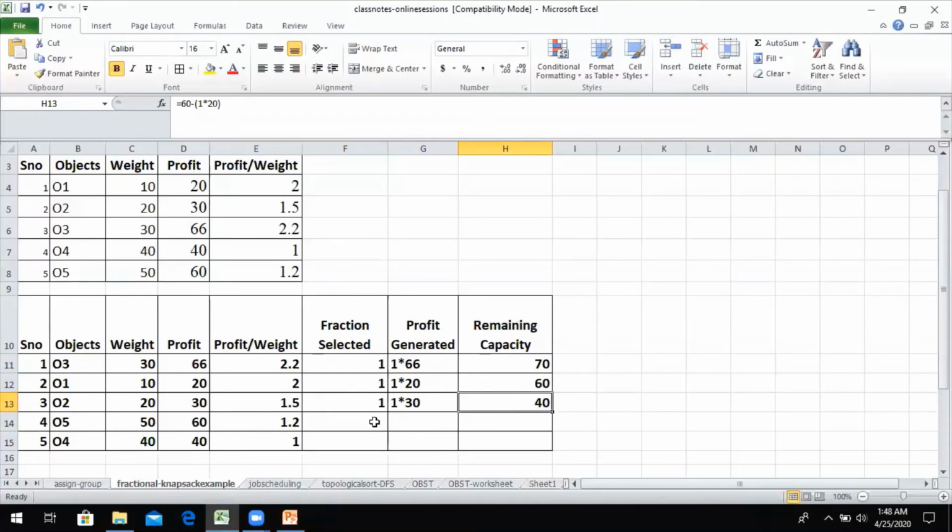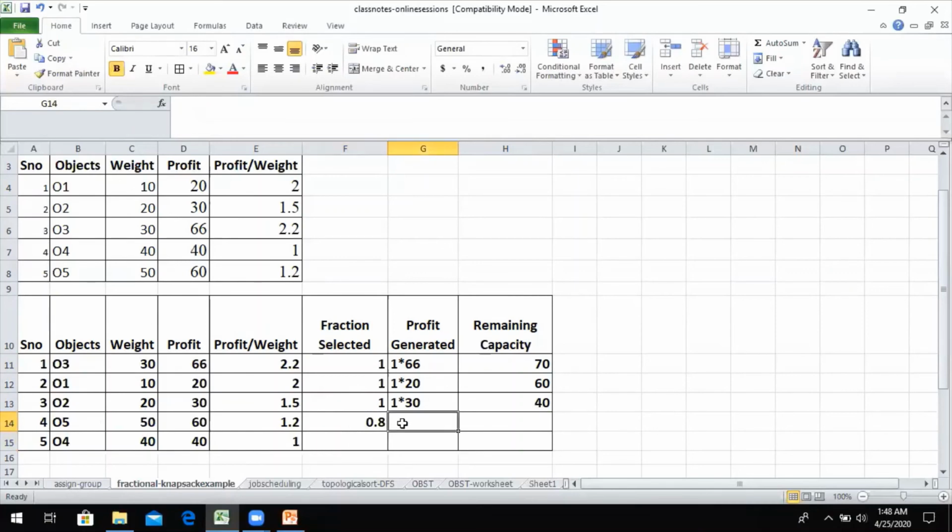So how many units can I select? The weight of 1 unit of O5 is 50, so I can select 40 by 50 units, which is 0.8.